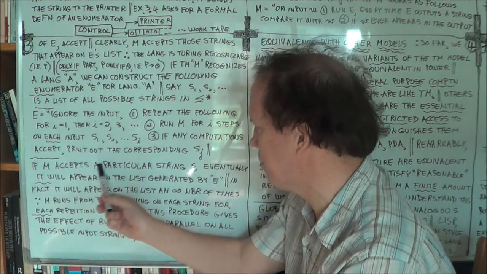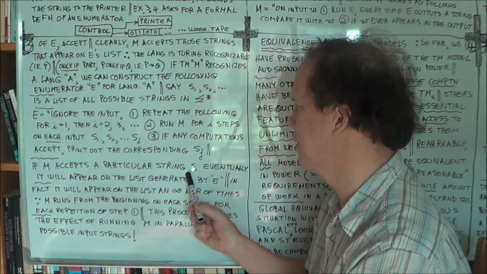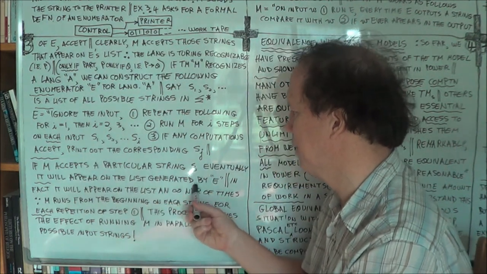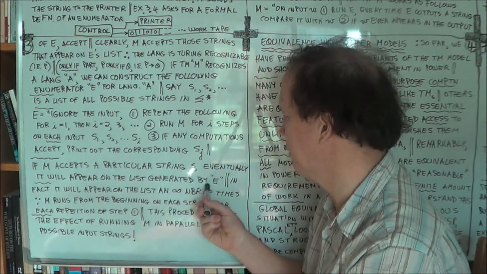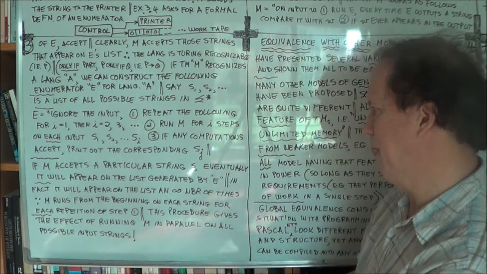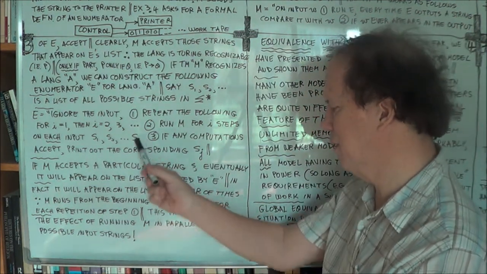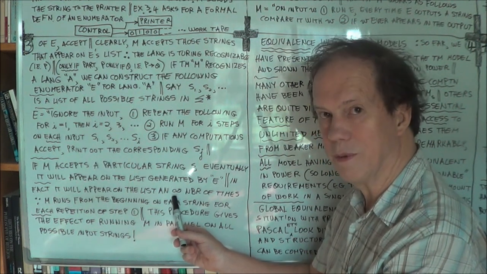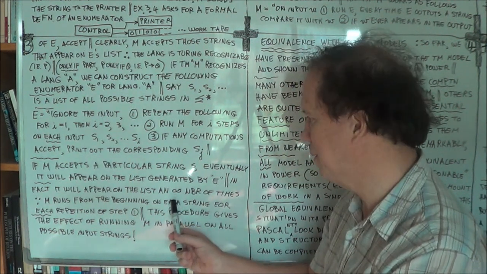So if M does accept some particular string, call it S, it'll eventually appear on the printed list. It'll be printed out by E. In fact, if you think it through, that particular string will probably get printed out an infinite number of times. Why?